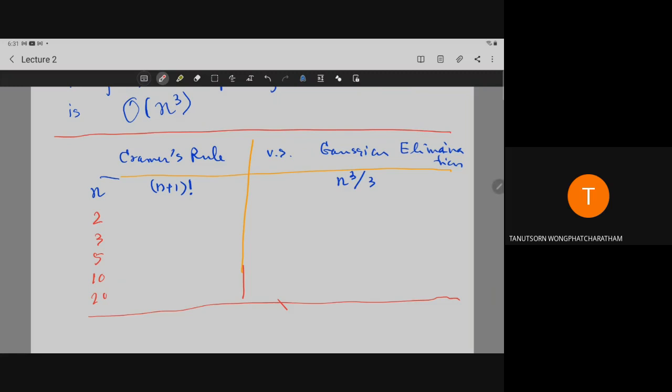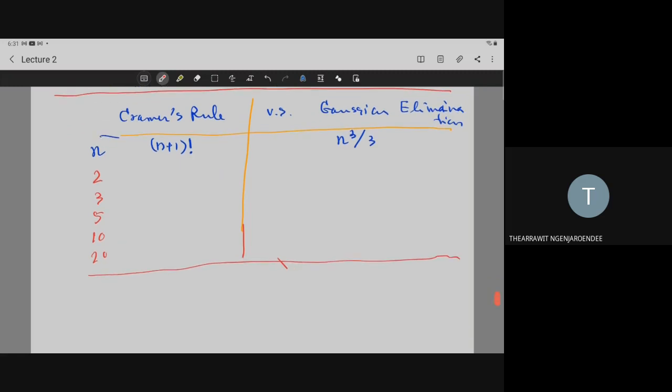Okay, so for n equals 2, we have 3 factorial. Let me jot a note here.